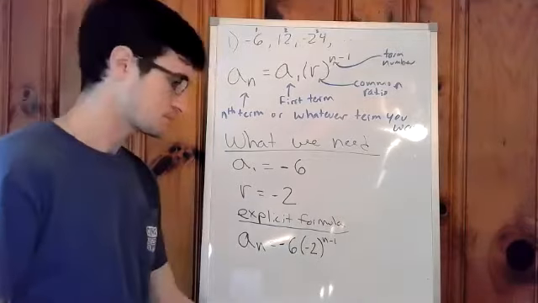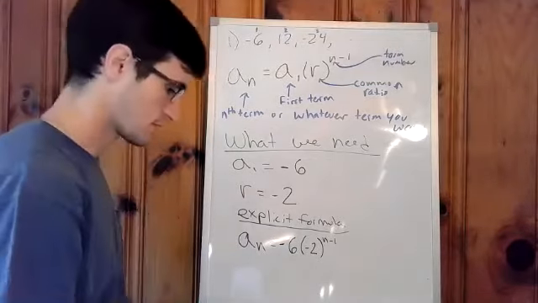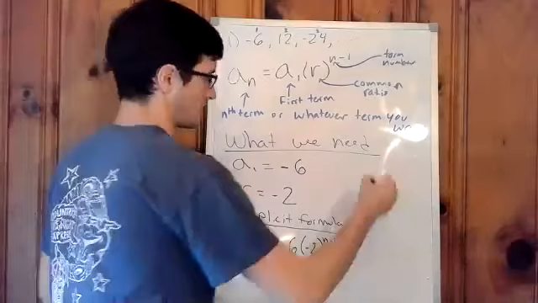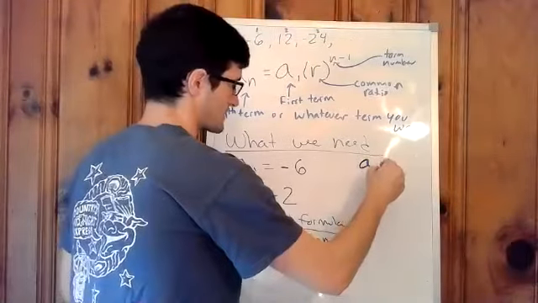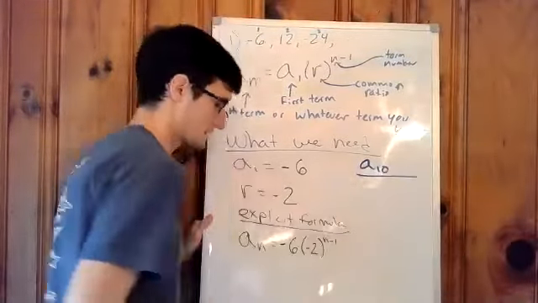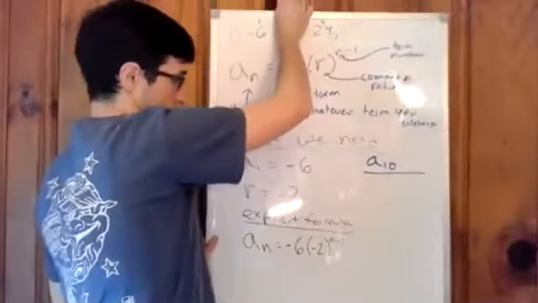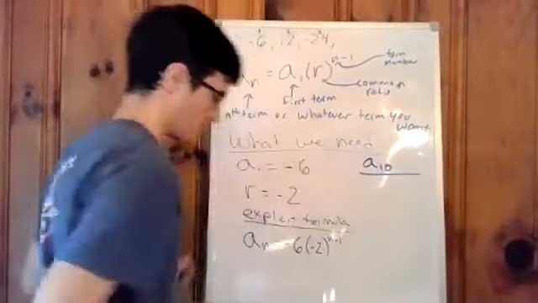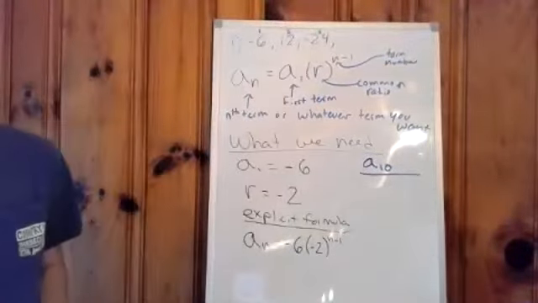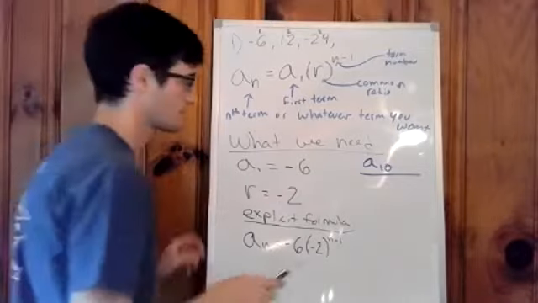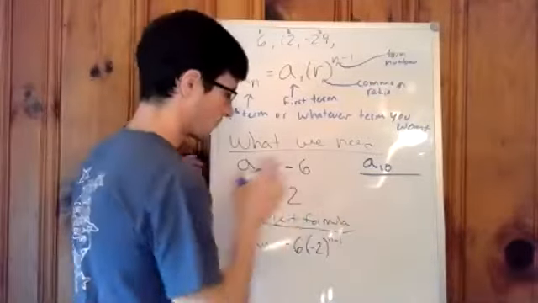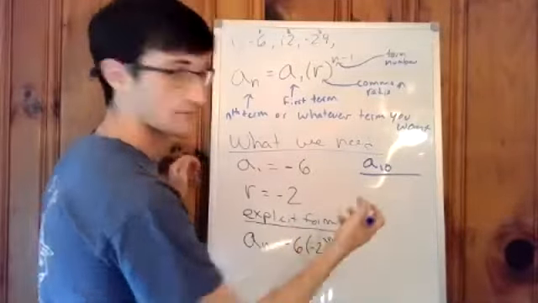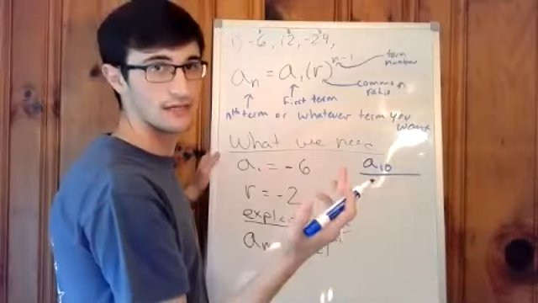I'll do this in a different color over here. The last thing this problem wants us to find is a sub 10. So let's write out the formula and then plug in 10 wherever n goes.